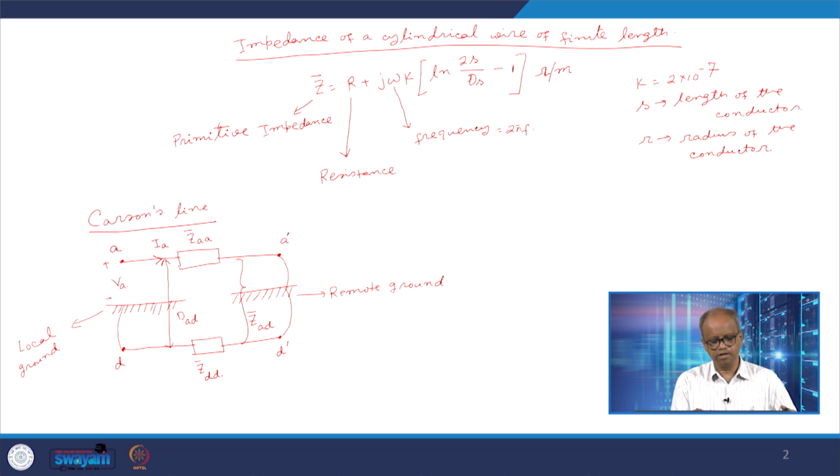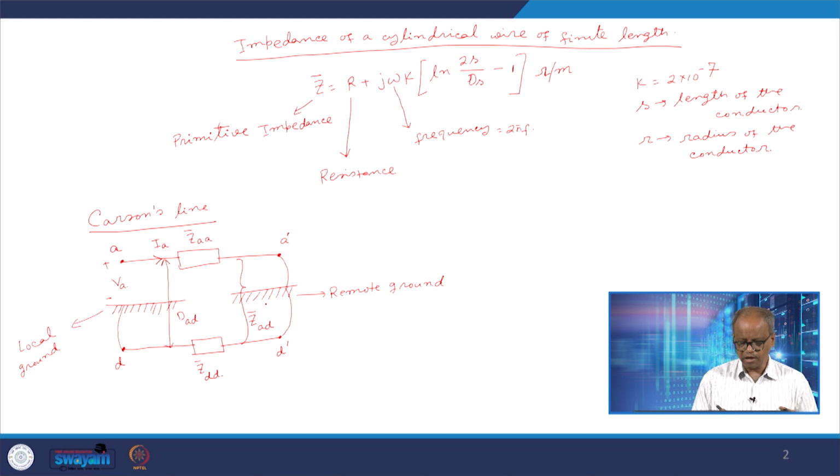So, this Z bar we are simply saying is the primitive impedance of the line. Therefore, this original line AA dash has primitive impedance ZAA, and I have another fictitious line DD dash which has primitive impedance ZDD.